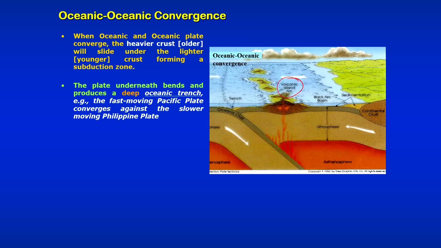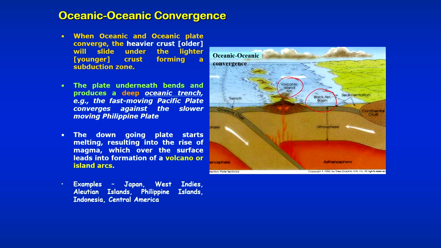The portion behind the volcanic arc, that is, away from the subduction zone, will be termed the back arc basin. There will be some sort of sagging there, which results in the formation of a depression, and that is known as the back arc basin.